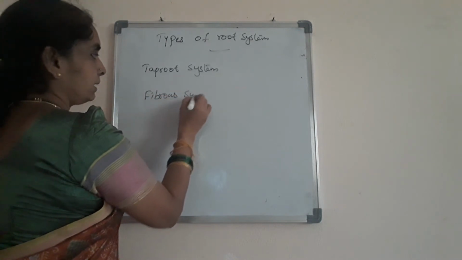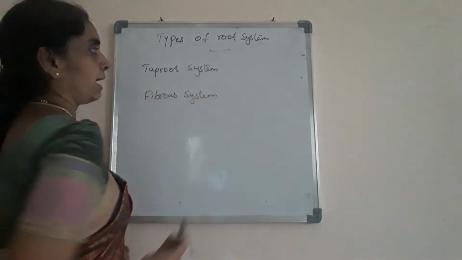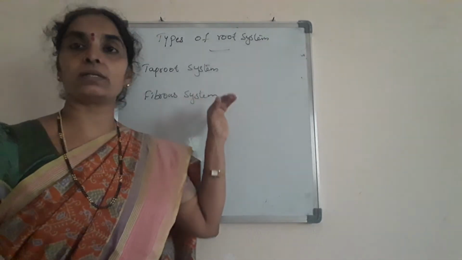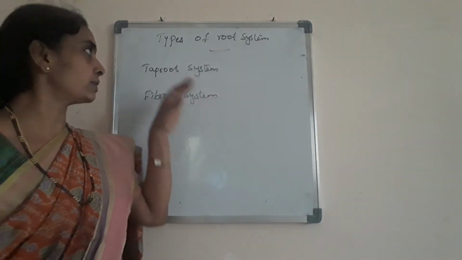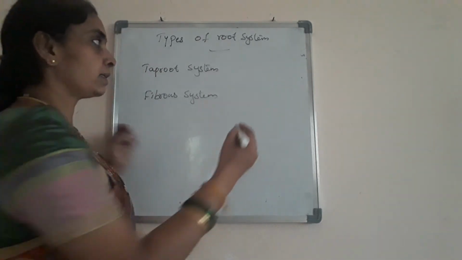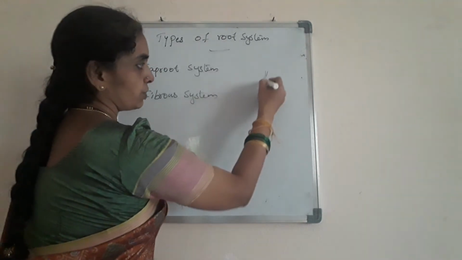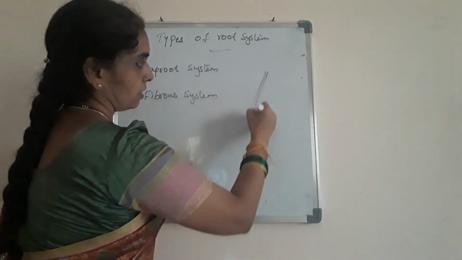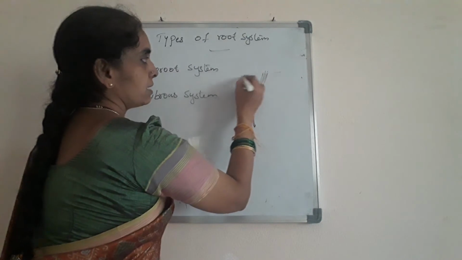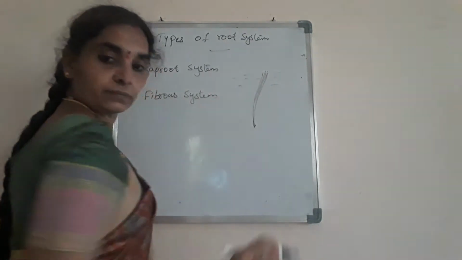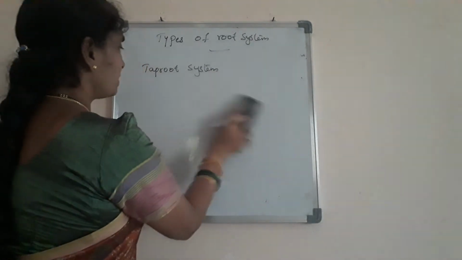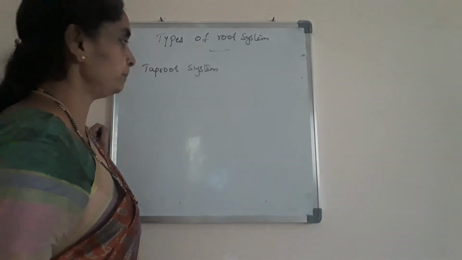There are also other types which you learn in the higher classes. Now, if you know about these two root systems, it's enough. Okay, children? So, taproot system. Taproot system consists of the main root, and this is the soil. Just a minute. First, I'll show you what is taproot system.